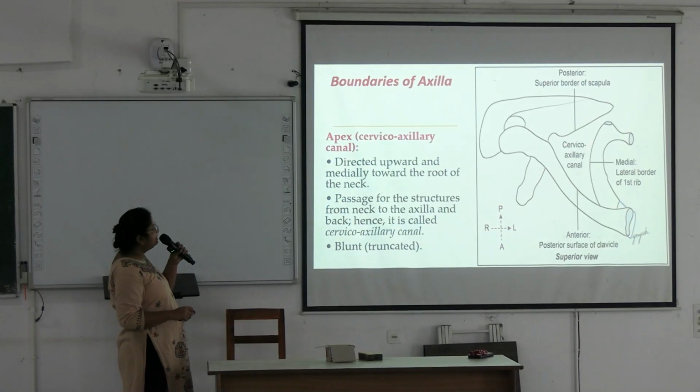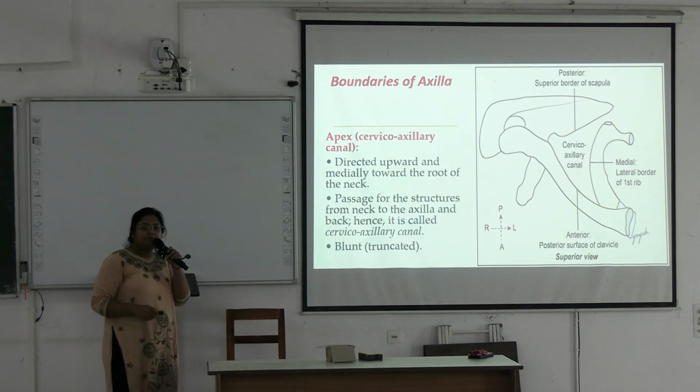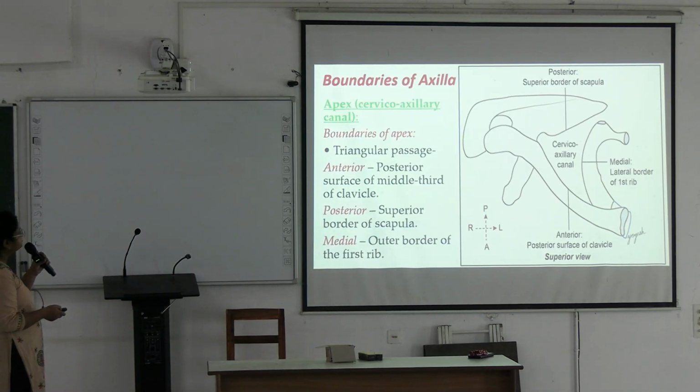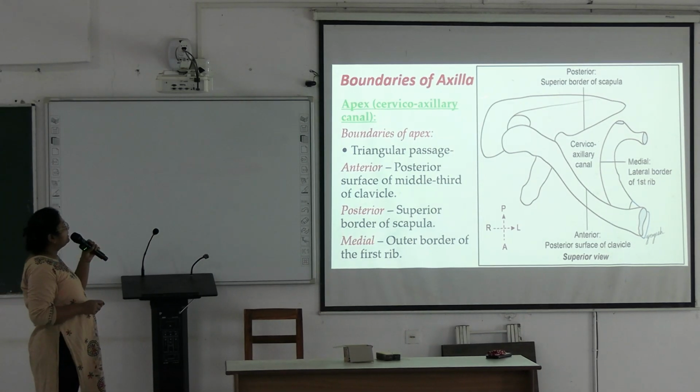It is bounded medially by the lateral border of the first rib, anteriorly by the middle third of the posterior surface of the clavicle, and posteriorly by the superior border of the scapula. So this is the boundary of the apex. It is a triangular passage, also known as cervicoaxillary canal.